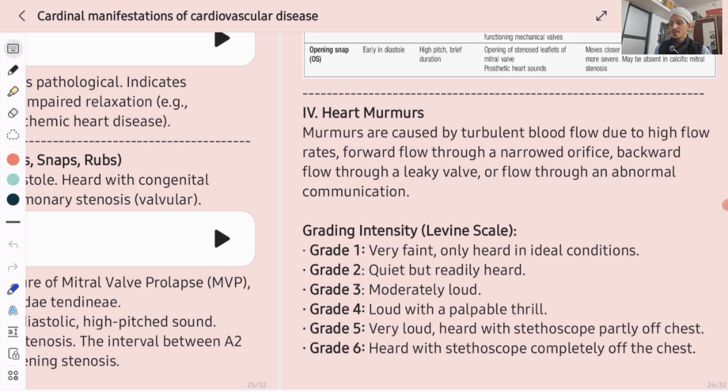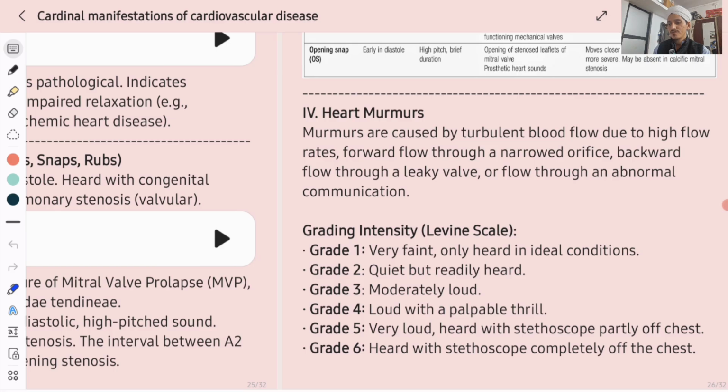So what are heart murmurs basically? Murmurs are nothing but abnormal heart sounds. Murmurs are caused by turbulent blood flow due to high flow rates, forward flow through a narrowed orifice, backward flow through a leaky, incompetent valve, and flow through an abnormal communication. So these are the three mechanisms by which murmurs are produced.